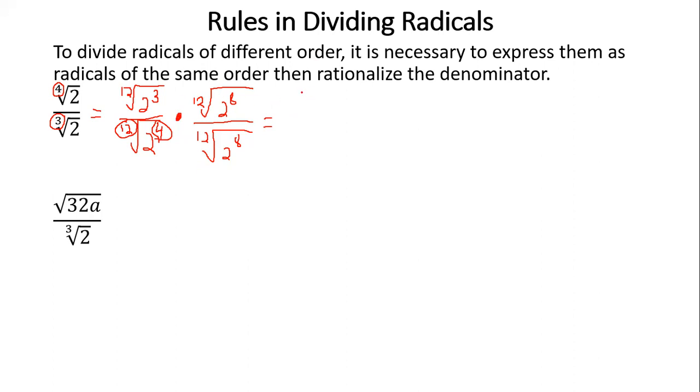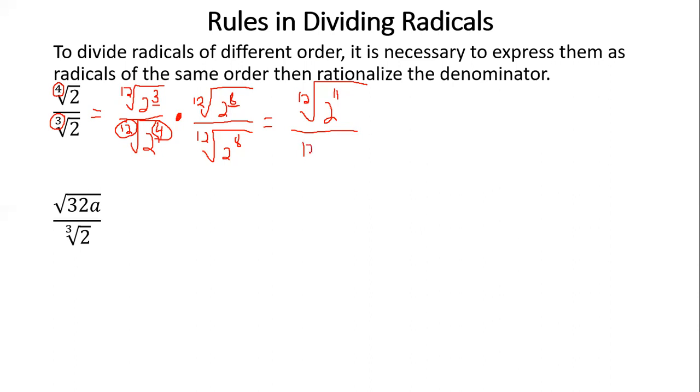So, let's proceed. 12th root of, ayan, 2 cubed times 2 raised to 8. That will be equivalent to 2 raised to 11. Paano nangyari yon? 3 plus 8, kasi multiplication nga. Divided by.